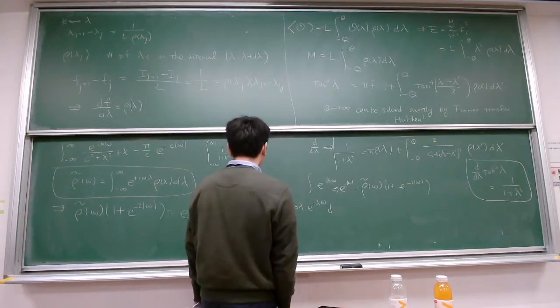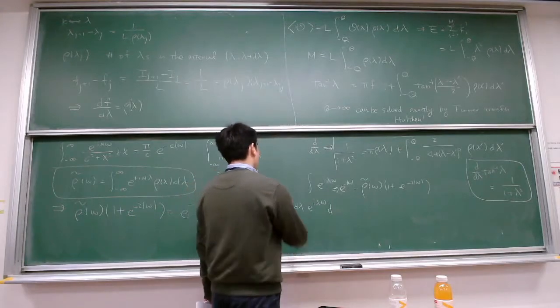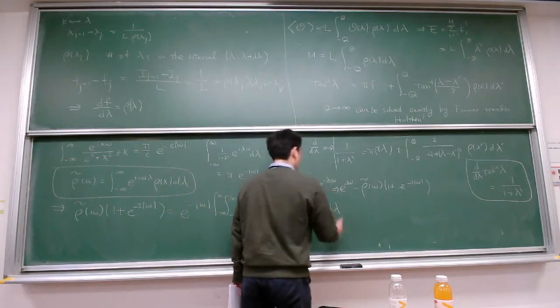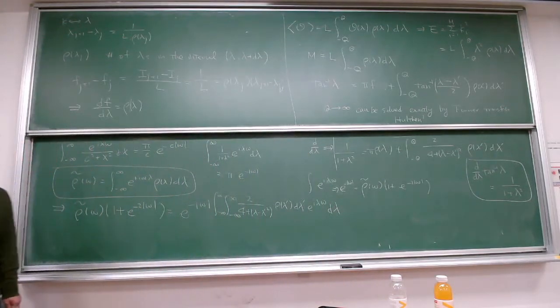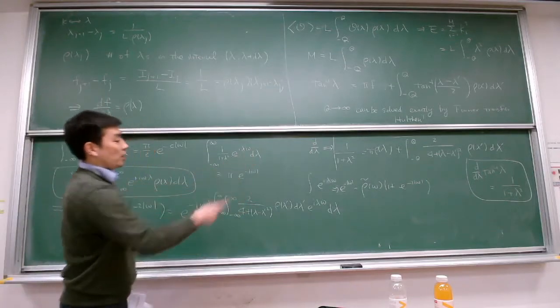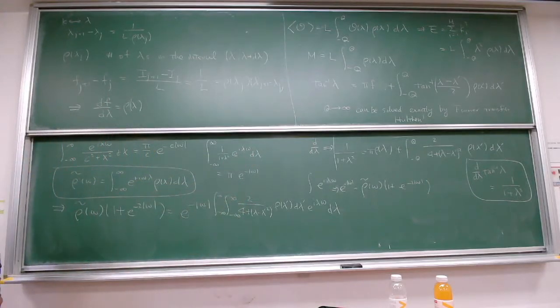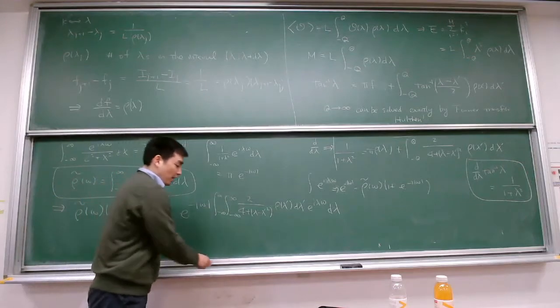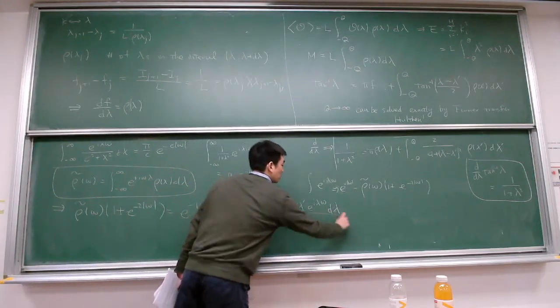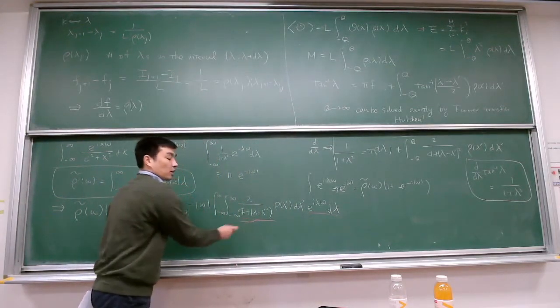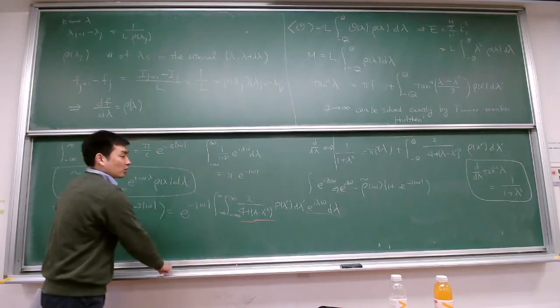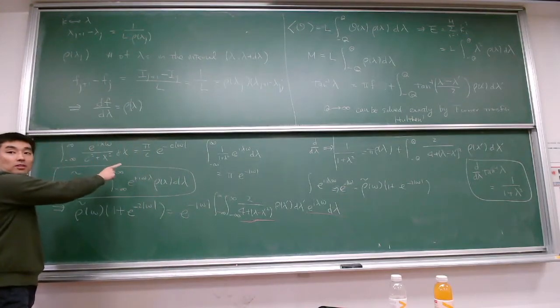Do you understand? Am I right on d lambda? First you have to do the integral over d lambda. So just do the integral of this one. You can apply this formula, right?